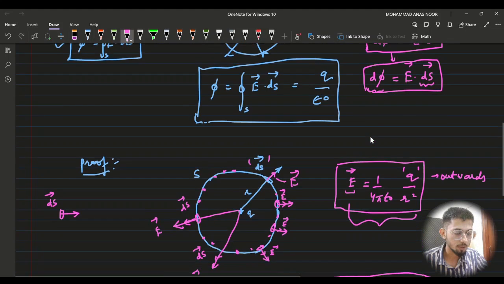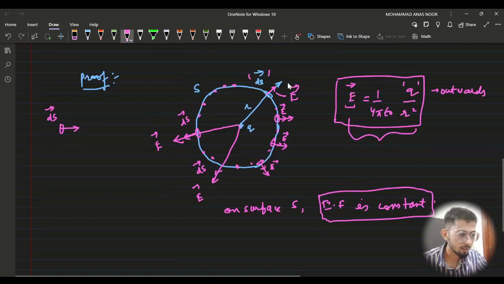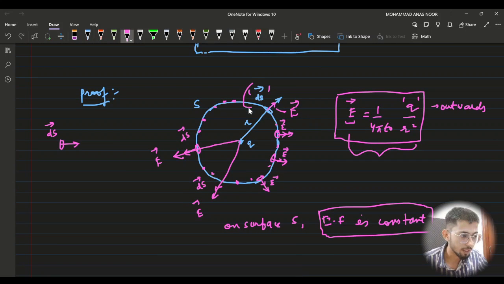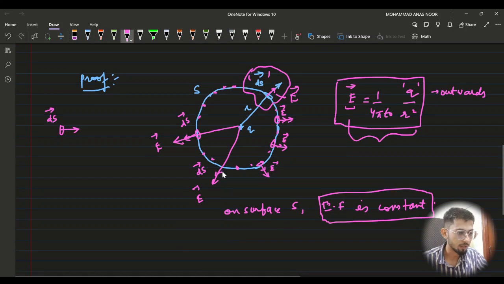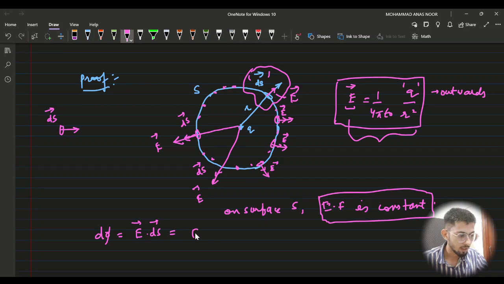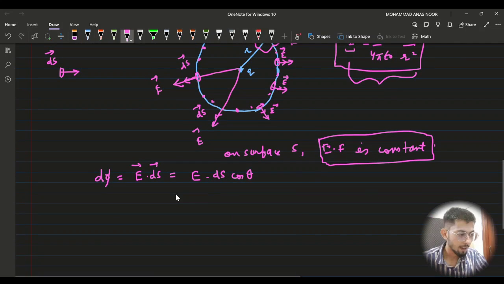Now if you want to find d phi for, let's say, one of these, at this point, what would d phi be? E dot ds, or we can say E into ds into cos theta, and for every ds the theta angle is 0.